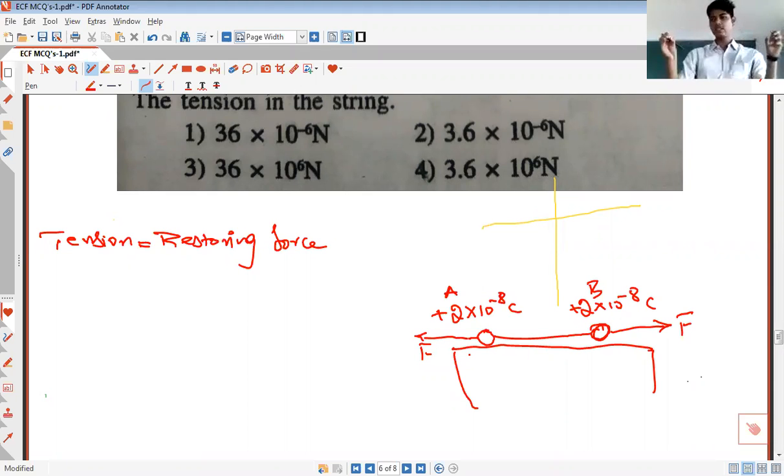When both the charges are repelled, they are connected by a string. The charged particles are connected by a string. When both the charged particles are repelled, they stretch the string.